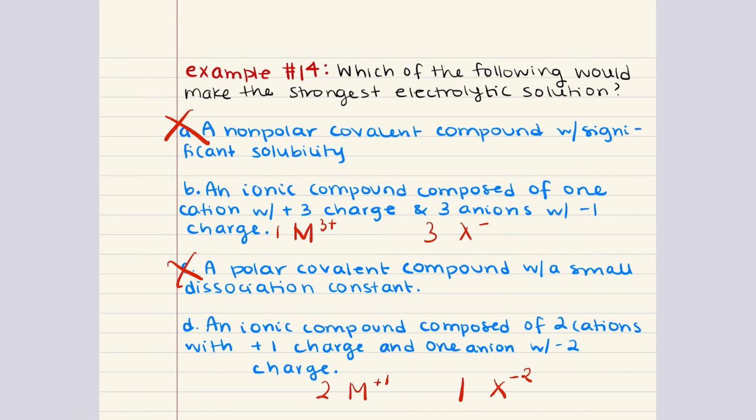Now, considering this, the strongest electrolytic solution is going to be formed by the compound that dissociates into the most ions. Therefore, the ionic compound composed of 1 cation with a +3 charge and 3 anions with a -1 charge is going to produce more ions in solution than option D. Therefore, the correct answer for problem 14 is B.